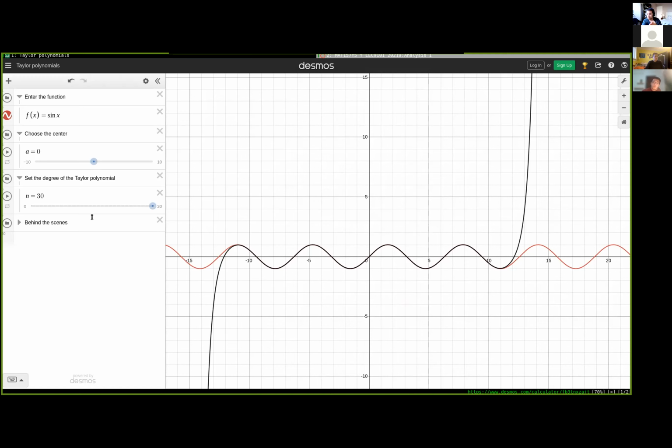So if you can take a function and write it as a polynomial, and we know, in fact, well, okay, I'll show you that in a second. If you can take a function and write it as a polynomial, then a computer can evaluate it very, very quickly. And as long as you make the polynomial big enough so that it's a good approximation to your function for however much accuracy you want, right?